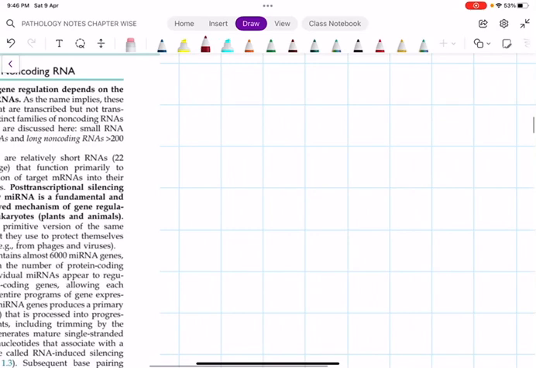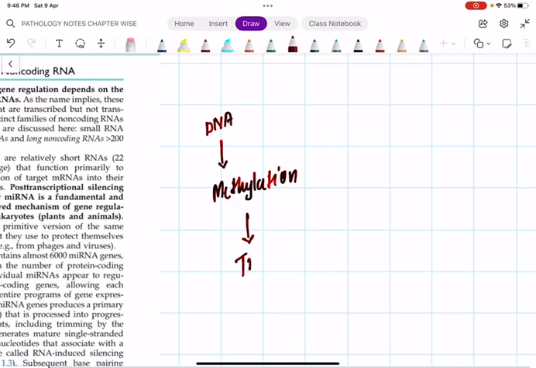That means I have a segment of DNA, and this DNA undergoes methylation. What happens? These are all regulatory mechanisms. Transcription is blocked. Methylated DNA does not undergo transcription. Keep this point in mind.